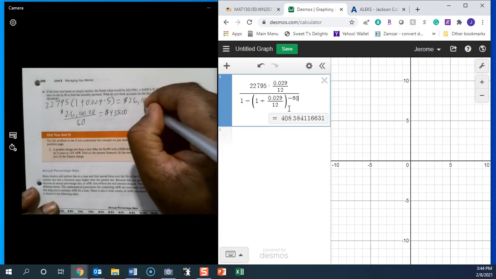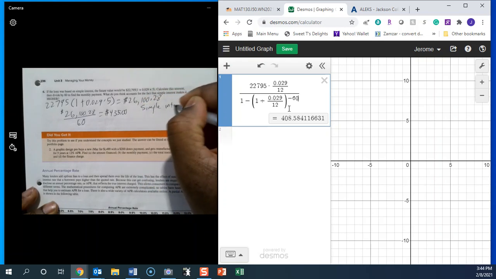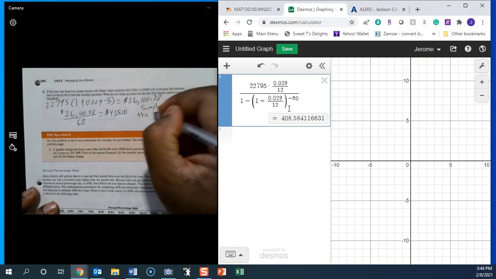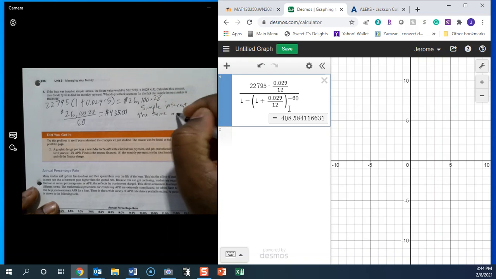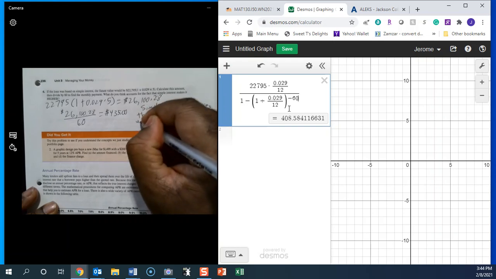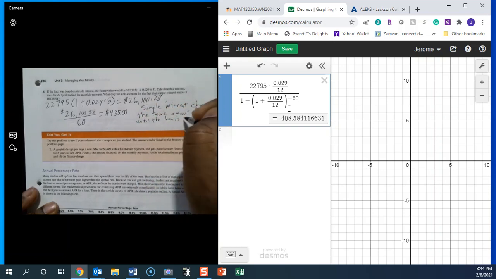So we could say simple interest charges the same amount of interest until the loan is retired.